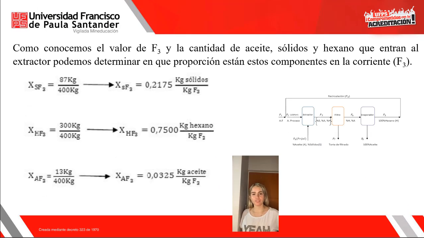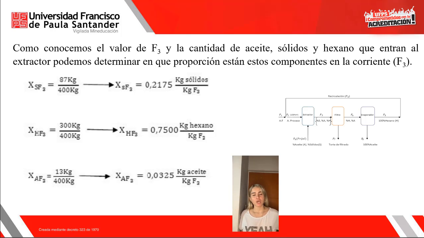As we know the values of the amounts of oil, solids and hexane that enter the extractor, we can determine in what proportion these components are in stream F3. For the solids, 87 divided by 400 is equal to 0.2175.